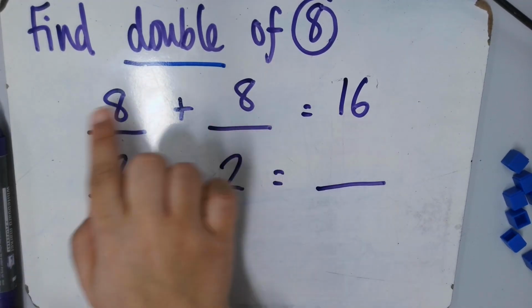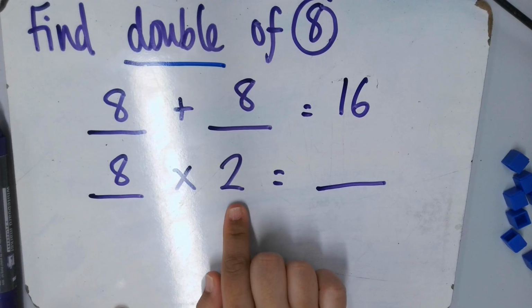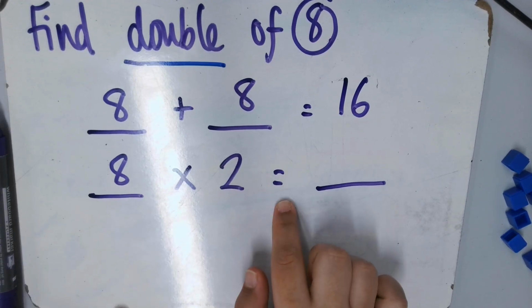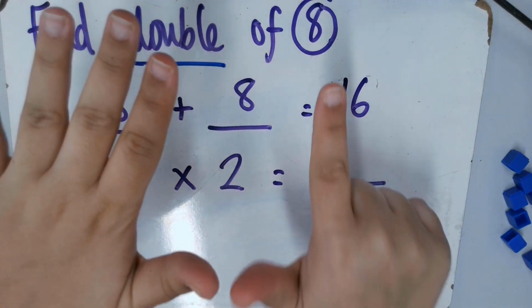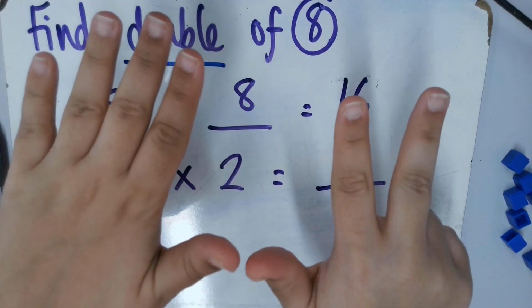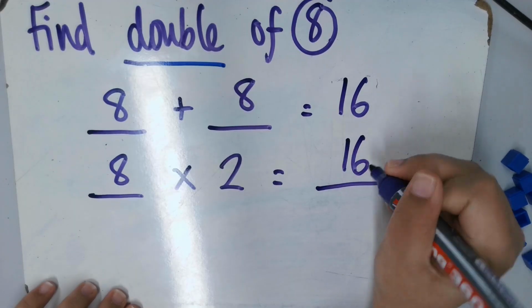If you wanted to just go straight into multiplication, again, we're rolling our 2s 8 times. So, 0, 2, 4, 6, 8, 10, 12, 14, 16. I rolled my 2s 8 times, and I still get 16.